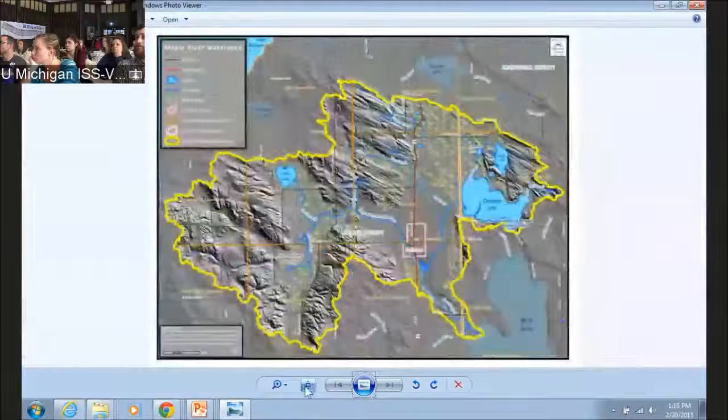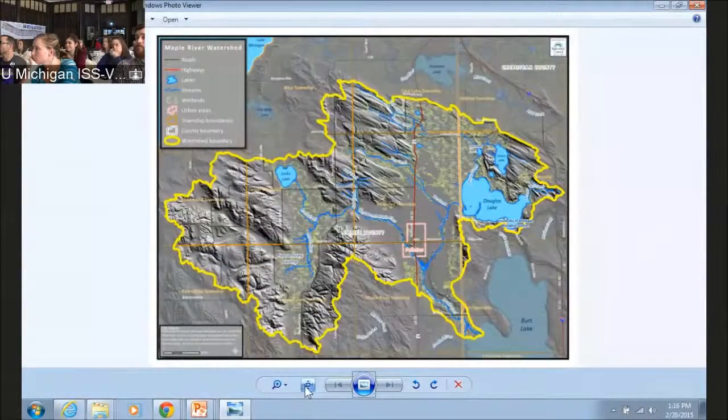I don't know that I'm the best person to do that. So the east branch of the Maple River runs out of Douglas Lake, it's the main outlet, or the only outlet. The west branch starts in, is it Larks Lake? Which is a small, shallow lake. Over to the left, Lark's Lake up here. But the West Branch is mostly groundwater fed.